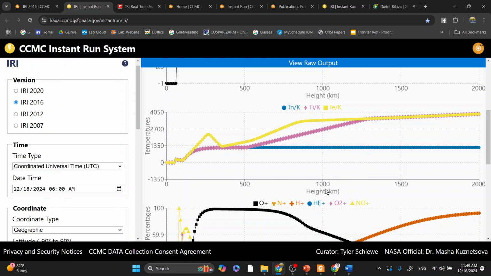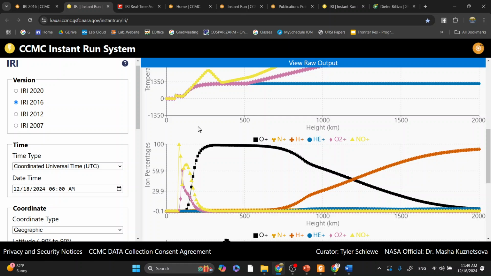You can see that typically electron temperature is higher than the neutral temperature, because they have motions, they have momentum. And what else? These are the percentages of ions. At around this area, O plus is very high, and the yellow is NO plus and O2 plus. So the dominant ion here is O plus at 200 or 300 kilometers.